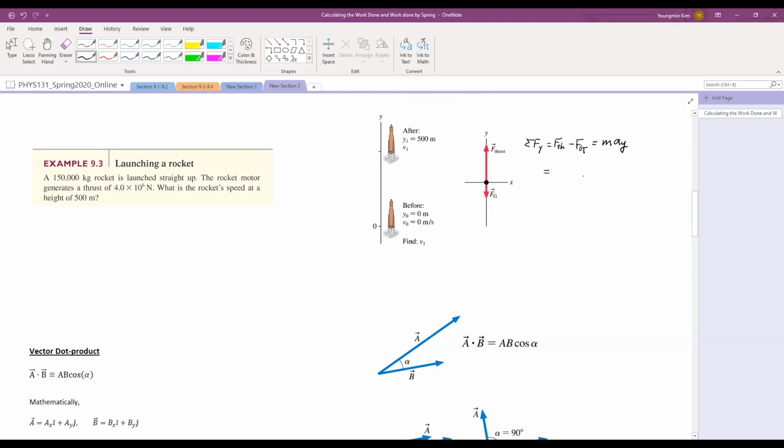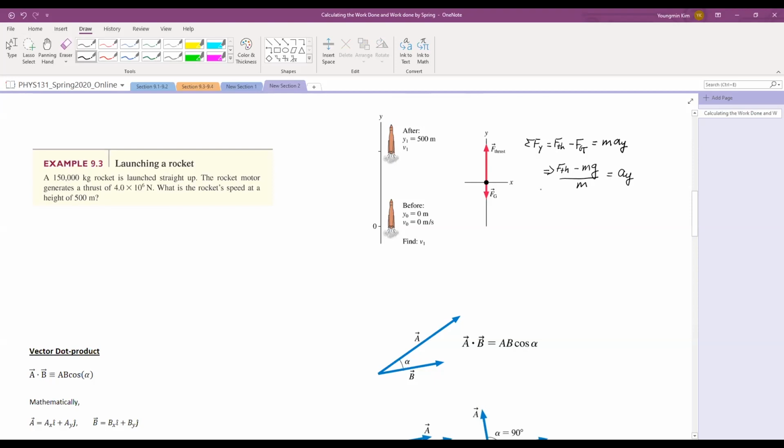So if you put the numbers here, thrust minus mg divided by the mass of the rocket, you will have the expression for the acceleration of the rocket going upward.